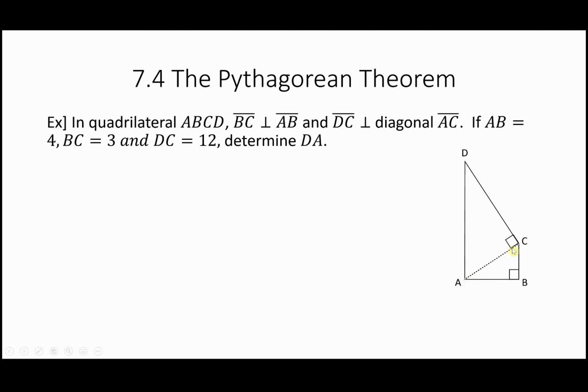Notice that the dashed line diagonal and line segment DC are perpendicular to each other, as mentioned here. Furthermore, AB and BC are perpendicular. That's why we have these little boxes in these corners to indicate that right angles are formed when perpendicular lines meet. If AB equals 4, BC equals 3, and DC equals 12, determine the length of DA, okay?